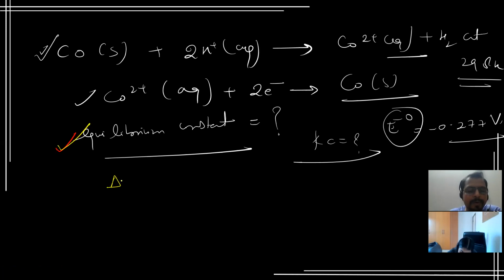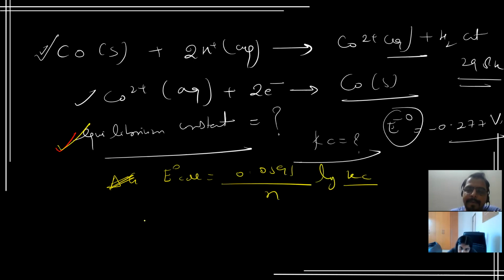So simply you will put E naught cell equal to 0.0591 upon n log Kc. Minus 0.277 into n equals 0.0591 log Kc. What is the value of n for this reaction?